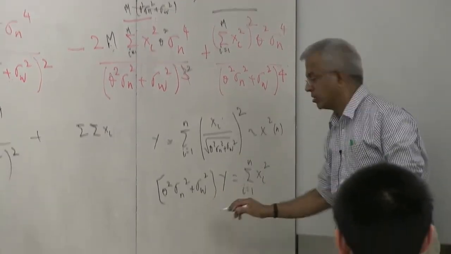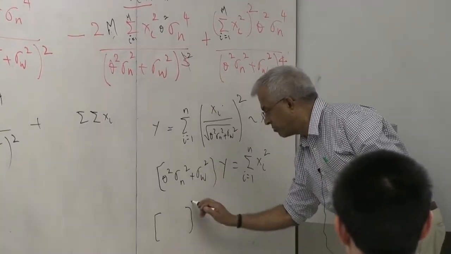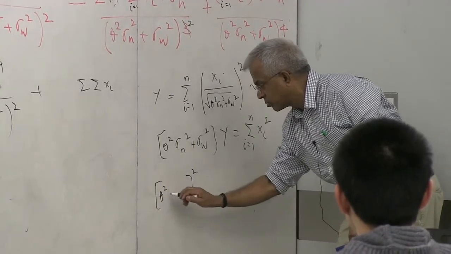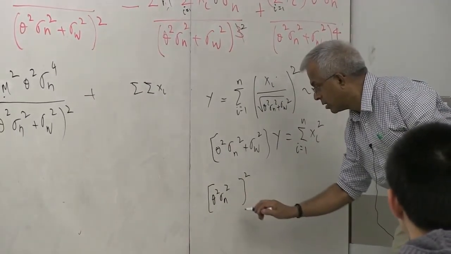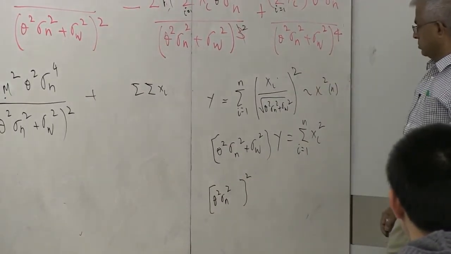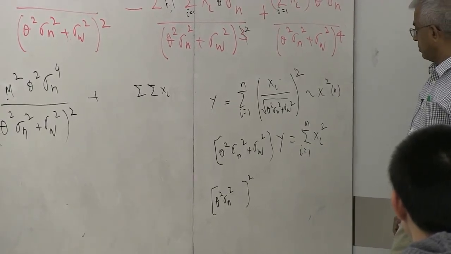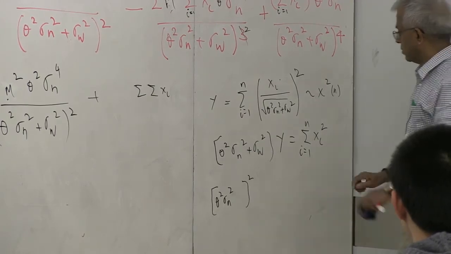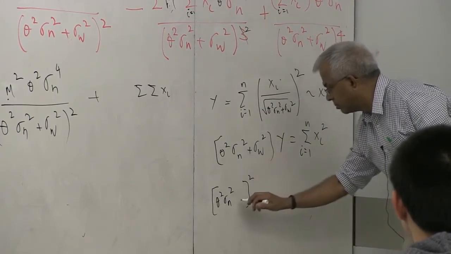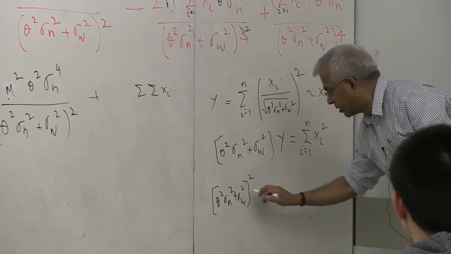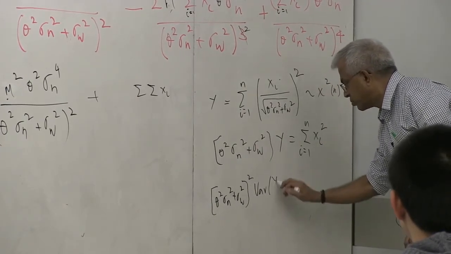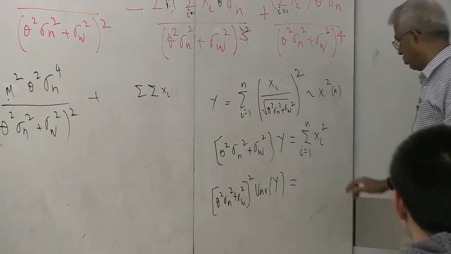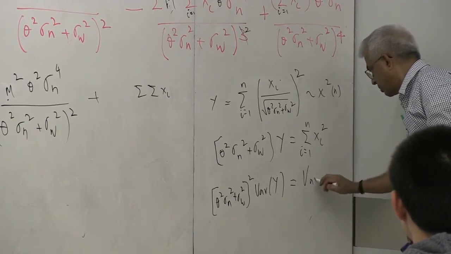So the variance on the left side means what? The square of this, theta squared sigma n squared plus sigma w squared, multiplied by the variance of y equals the variance of this quantity.